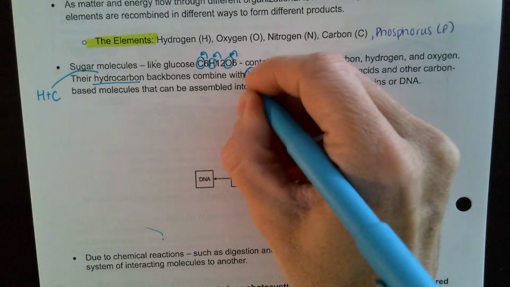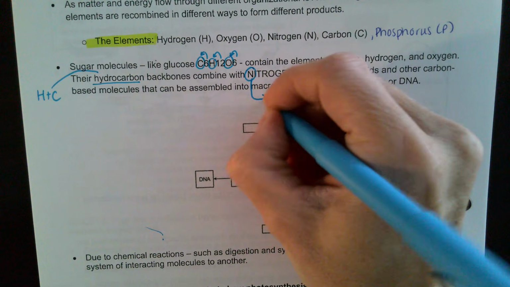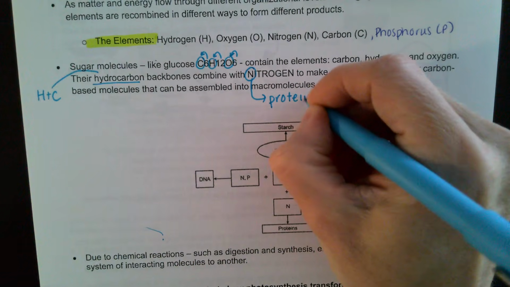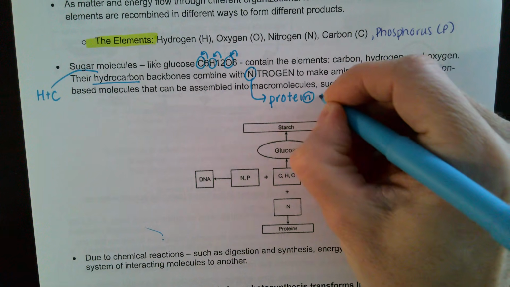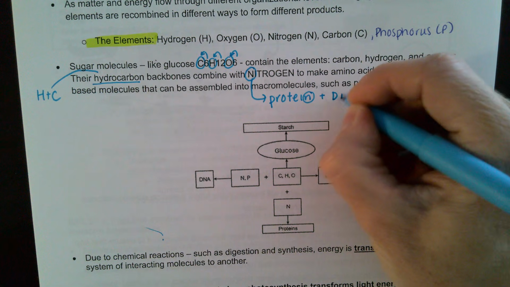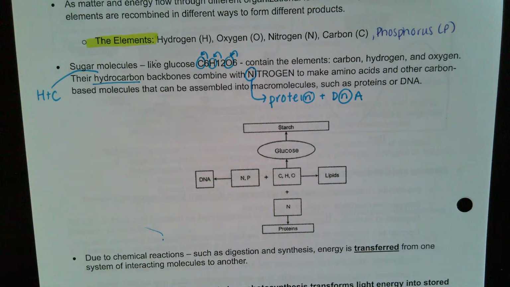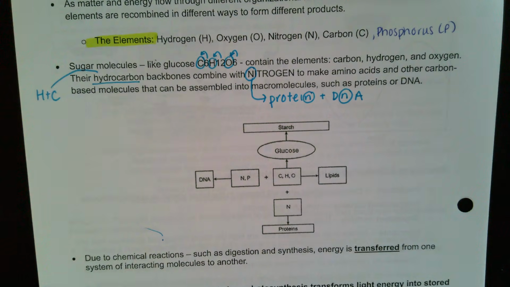Now, whenever I think nitrogen, I know that a protein is going to have nitrogen in it. I also know that DNA has nitrogen in it. Sugars and fats do not have nitrogen.